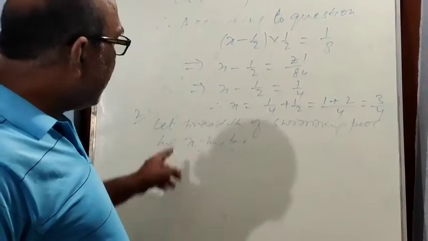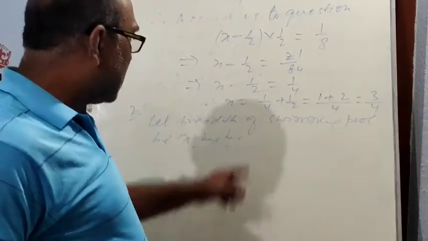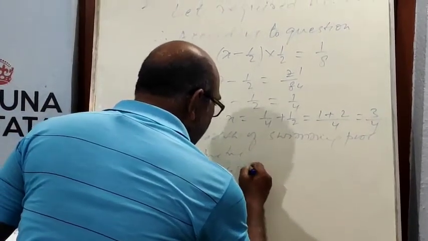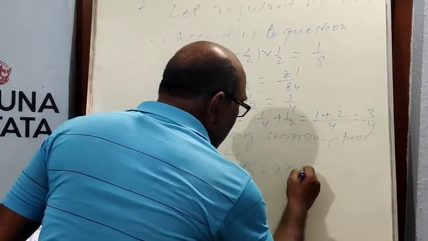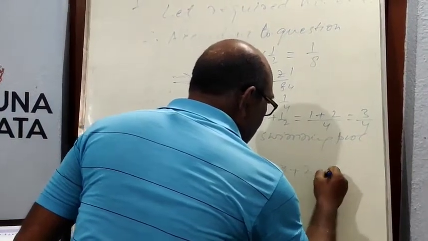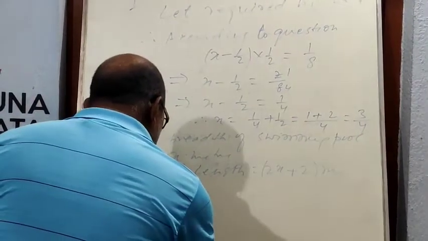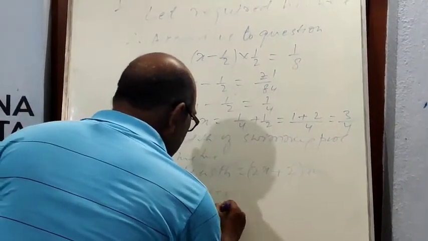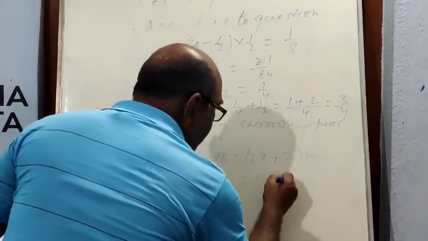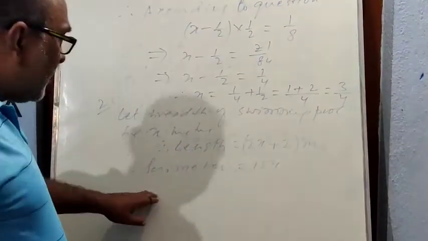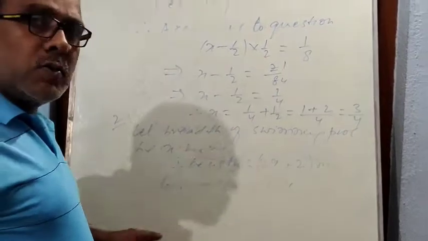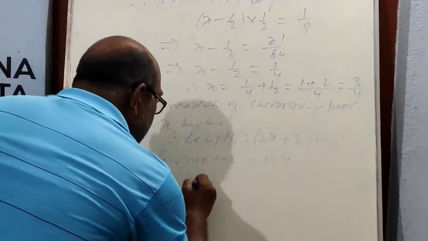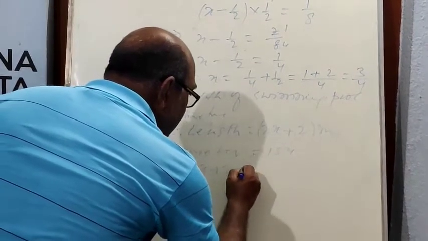Question number 2. Let the breadth of the swimming pool be x meter, and therefore length is equal to 2x plus 2 meter. Your perimeter is equal to 154 meter. We know that the perimeter of a rectangular swimming pool is equal to 2 into length plus breadth. It means 2 into length. Length means 2x plus 2, and breadth is x meter.